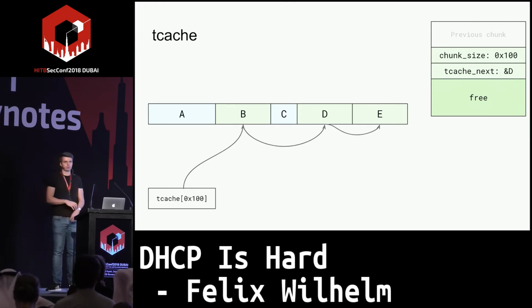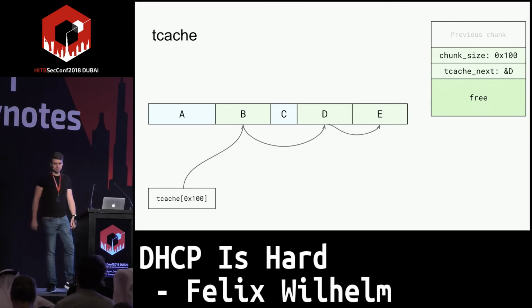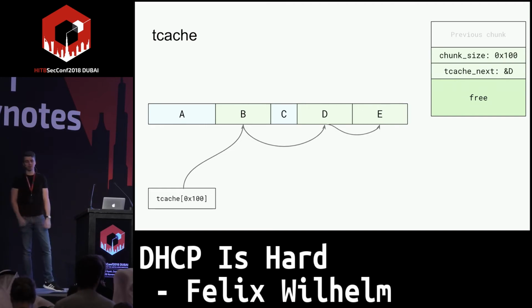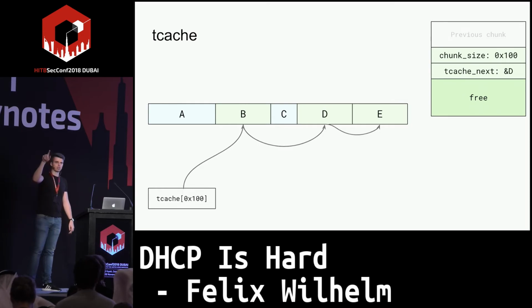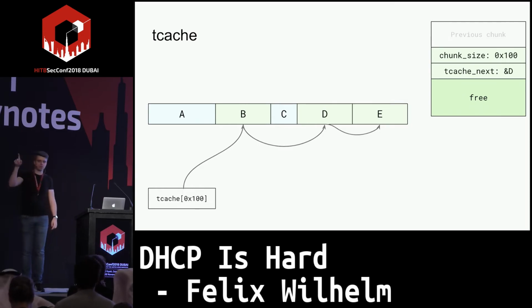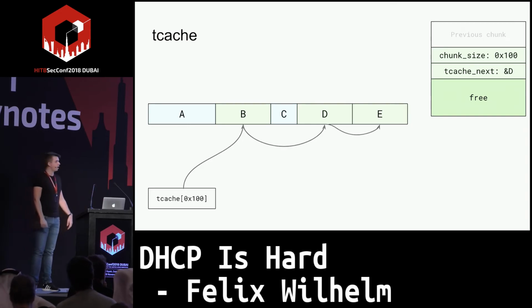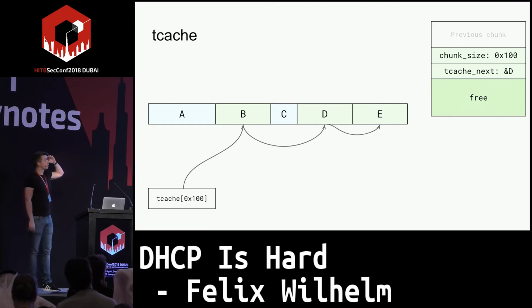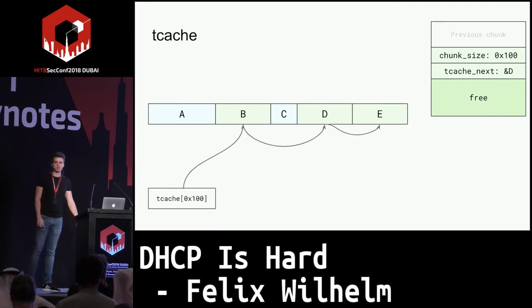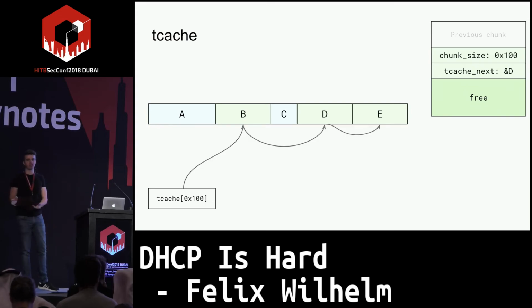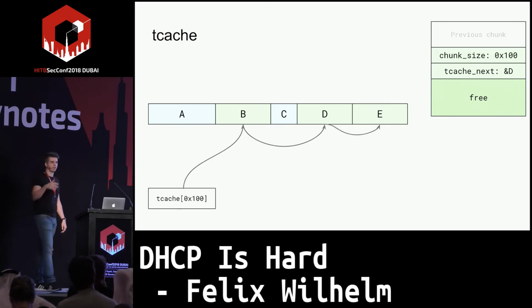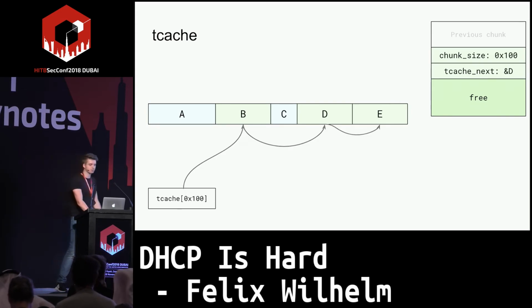So, a super quick intro to how tcache works. Imagine you have this tcache data pointer at the bottom of the slide. It links to a chunk B. Chunk B links to D, chunk D links to E, so this is the tcache linked list data structure. How it's stored in memory, you see on the right side of the slide. For a malloc chunk, you have the chunk size, and then a tcache next pointer that points to the next chunk in that linked list.